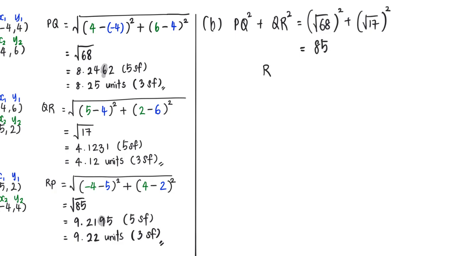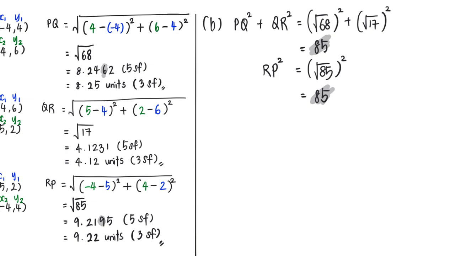I also have to find my RP square, which is equals to square root 85 bracket square, and this also gives me a value of 85, which is the same as PQ square plus QR square.